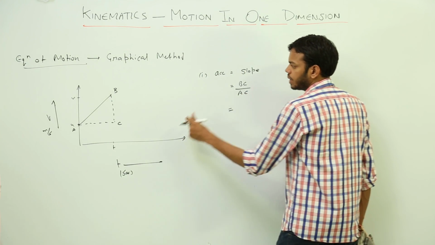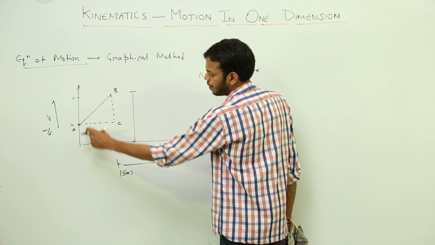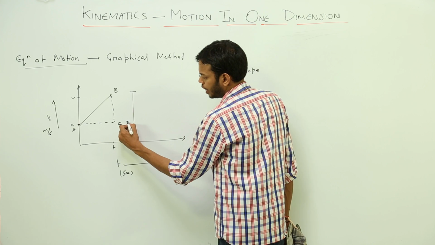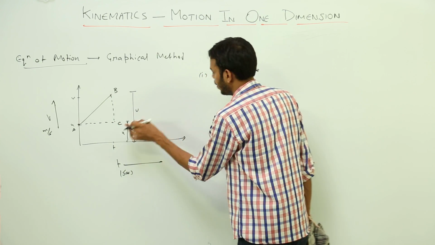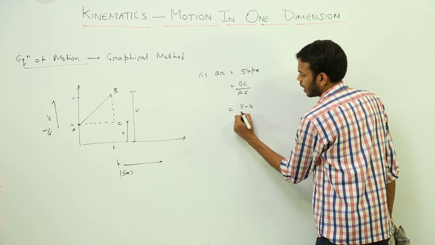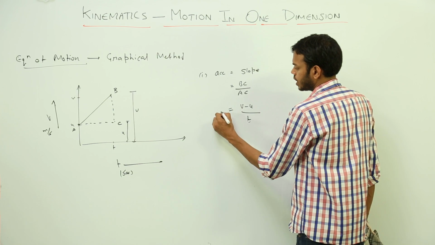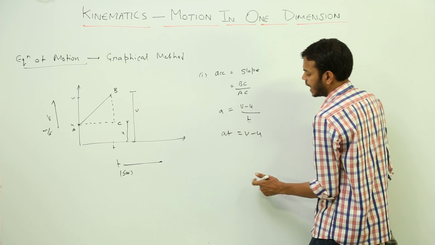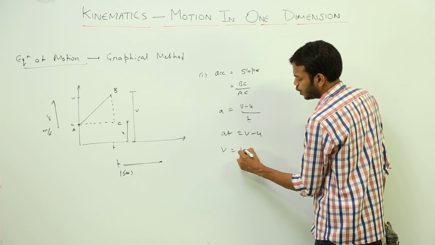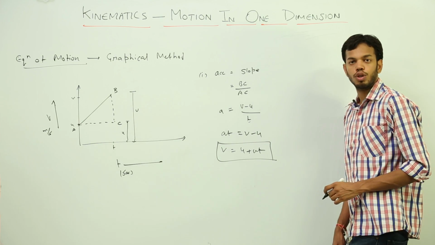What is BC? From here to here it is the final v, and from this point to this point it is u. So BC would be v minus u, over AC. AC is the time interval t. So a equals (v minus u) over t. If you cross multiply, at is equal to v minus u. Taking u to the other side, this gives me v is equal to u plus at. This is your first equation of motion.